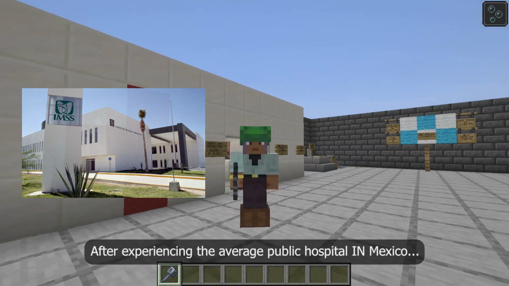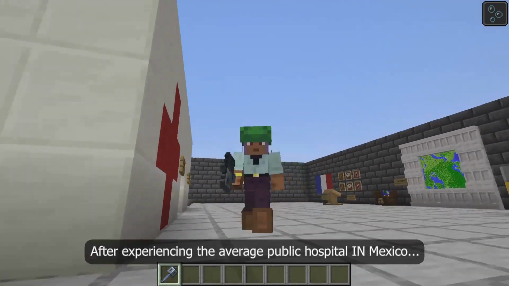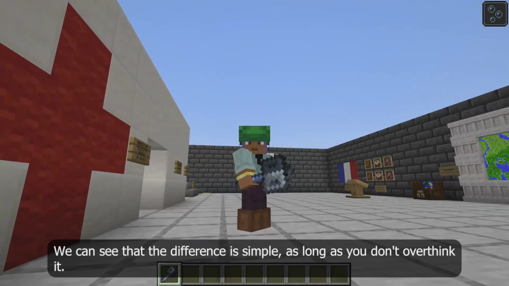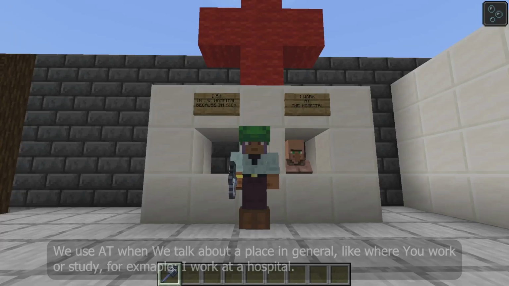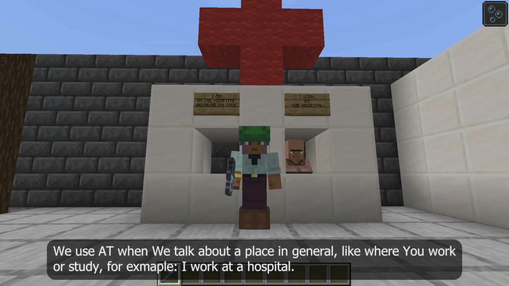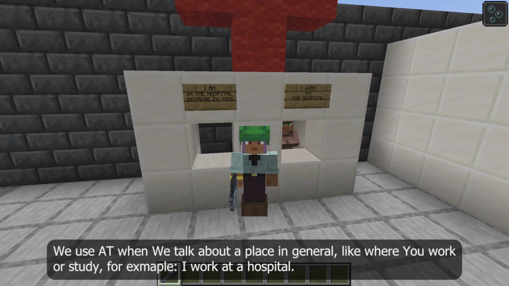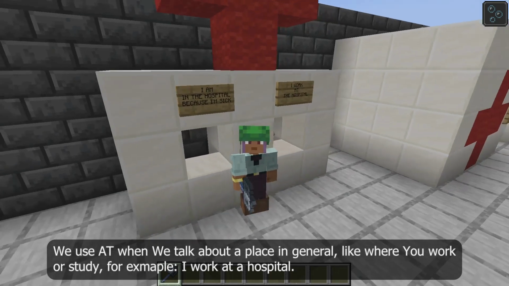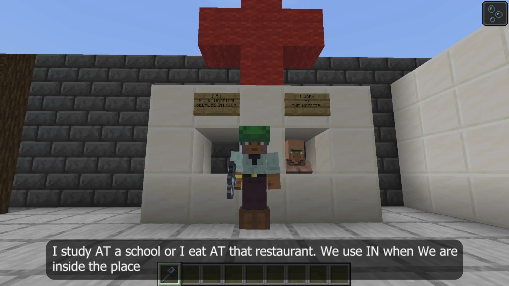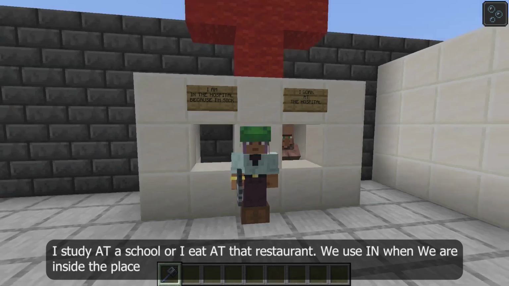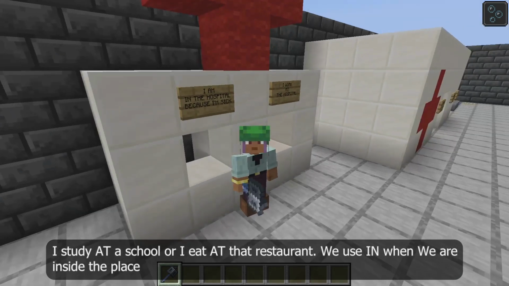After experiencing the average public hospital in Mexico, we can see that the difference is simple, as long as you don't overthink it. We use at when we talk about a place in general, like where you work or study. For example, I work at a hospital, I study at a school, or I eat at that restaurant.